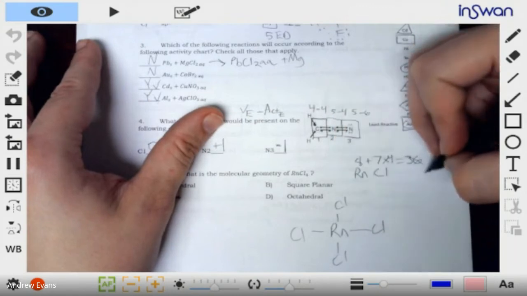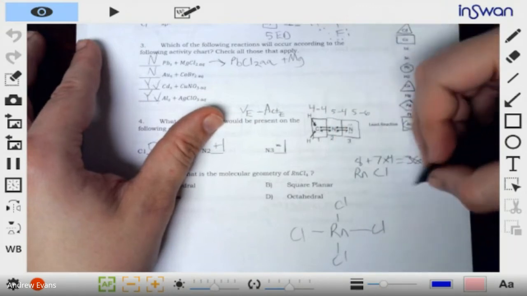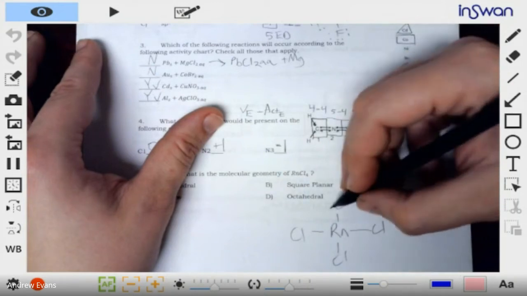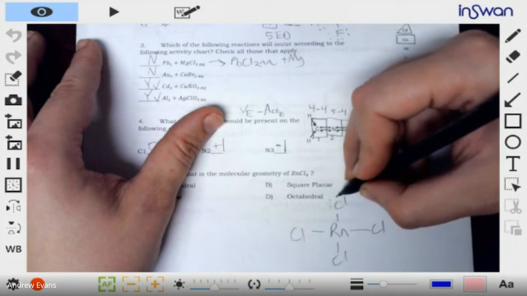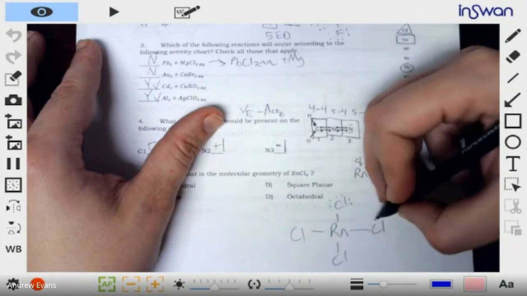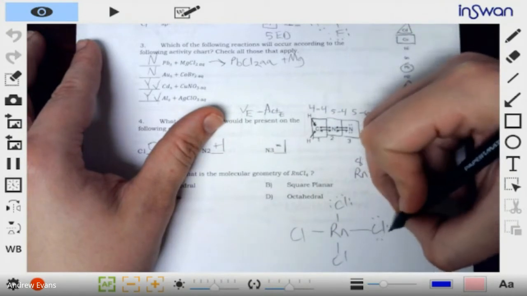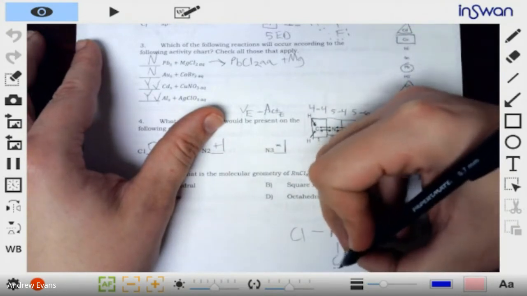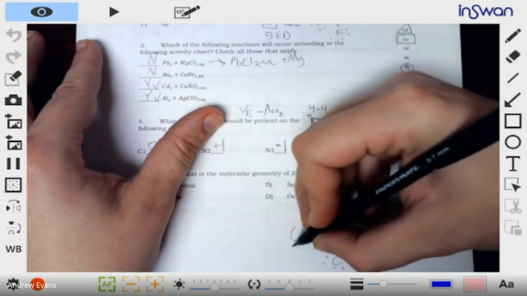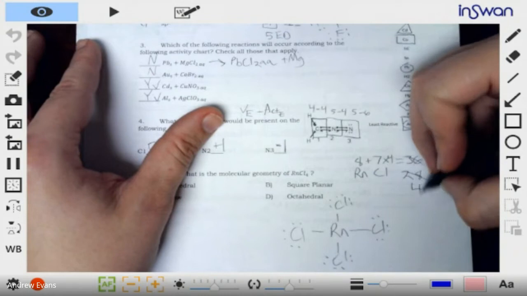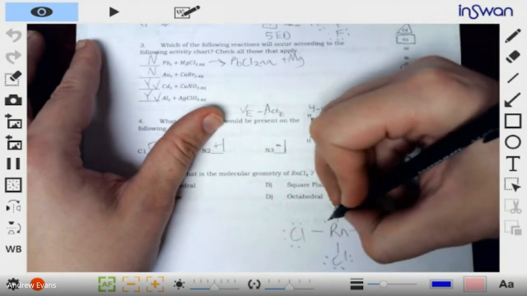That uses up 8. So we're down to 28. And we put our 6 electrons on each chlorine to give them an octet. So that right there is 24. We have 4 electrons left. We have to put them on the radon.